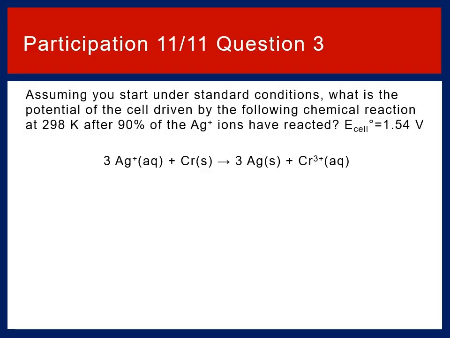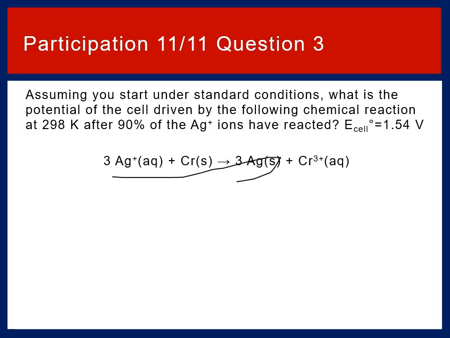And the underlying reaction is 3Ag+ and Cr solid becomes 3Ag solid and Cr3+ aqueous. This is the third question on participation 1111, due Tuesday, November 11th at 11:59 p.m. over on Blackboard. A link to the assignment is right below the links to these videos.